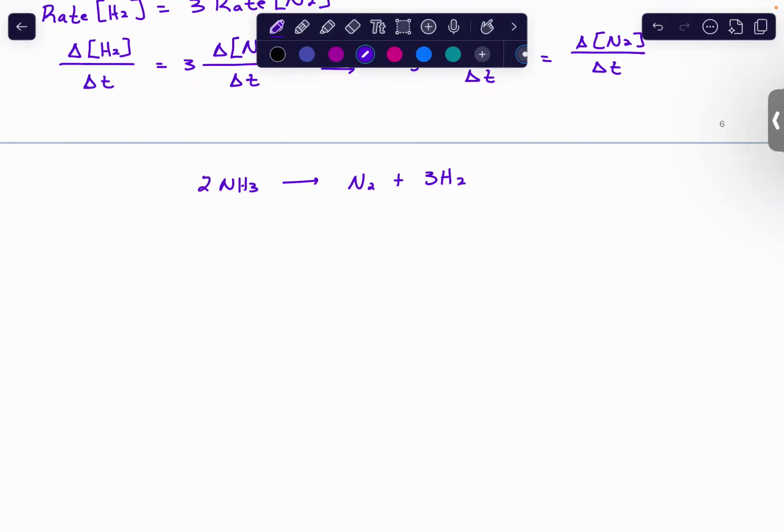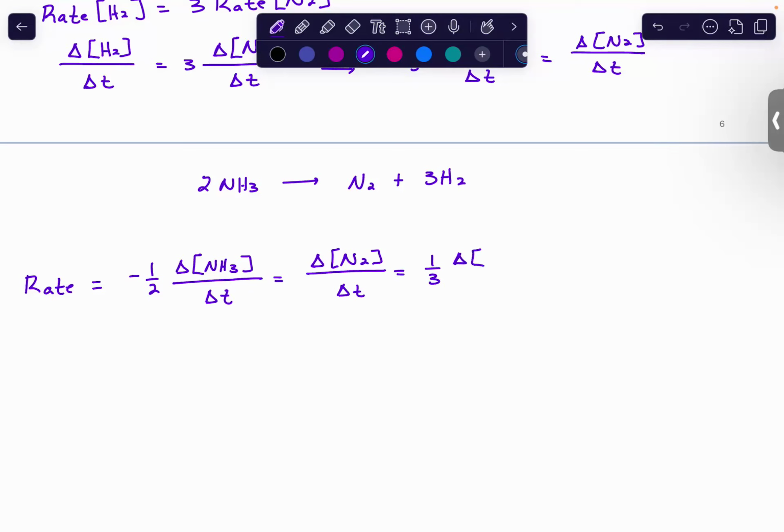And in our rate expressions, we're going to have -1/2 the rate of NH3, then our rate of N2 equals 1/3 our rate of H2 production.